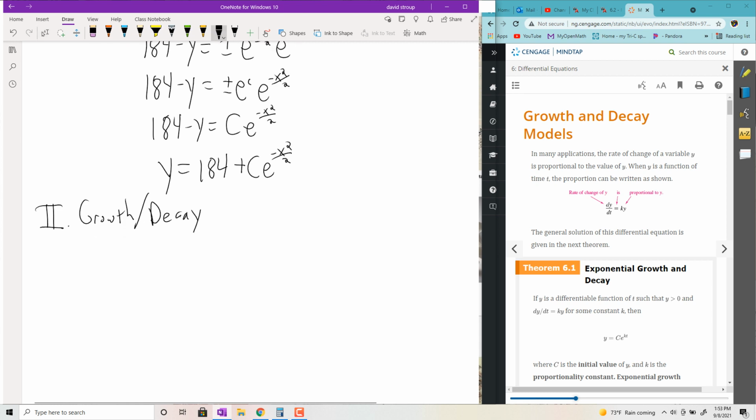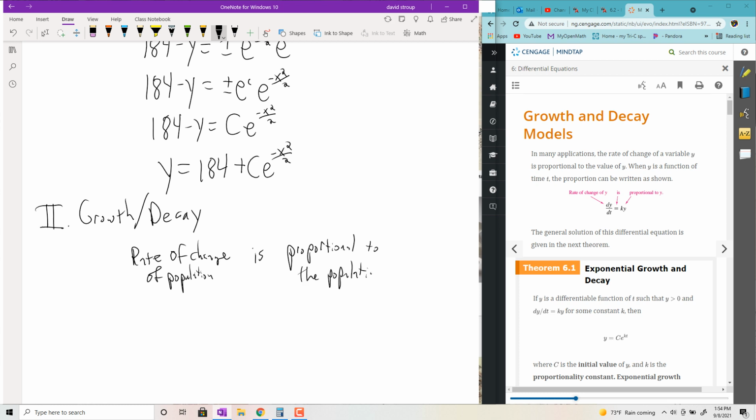It says in a lot of math modeling, you can literally just translate the phenomena that's happening into math speak, right? So if you know the rate of change of your population is proportional to the population, you can turn that into a differential equation.